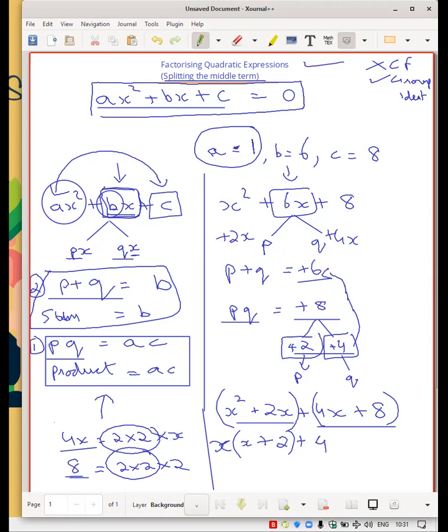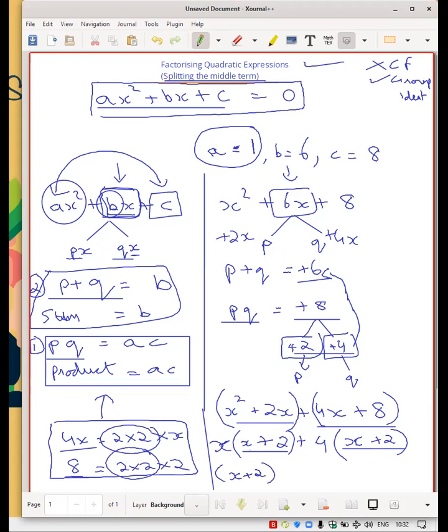Did you get this? How to take out common factors? Yes, sir. Okay. Divide 4x by 4, what do we get? X. Divide plus 8 by 4, what will we get? Plus 2. Again, is it common in both the factors again? Yes, sir. So I'll take out x plus 2. Open brackets again.